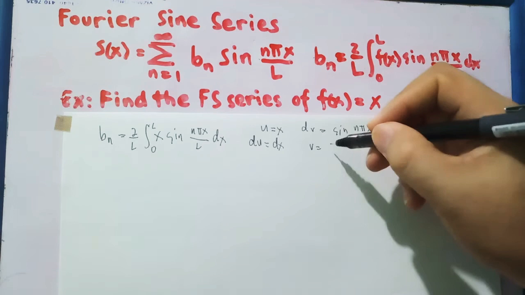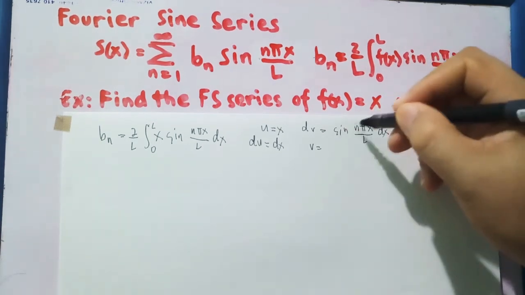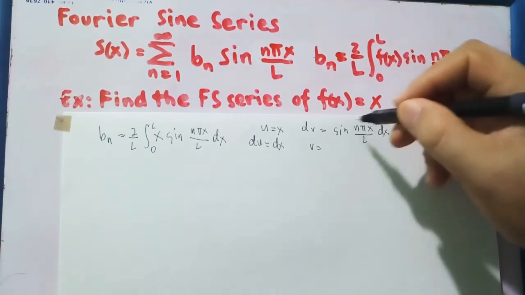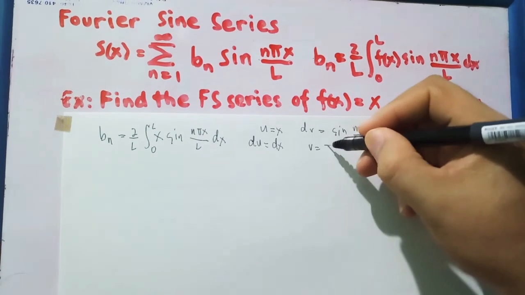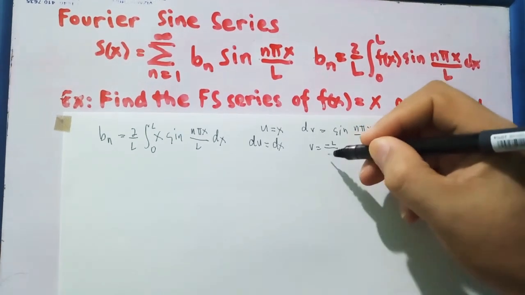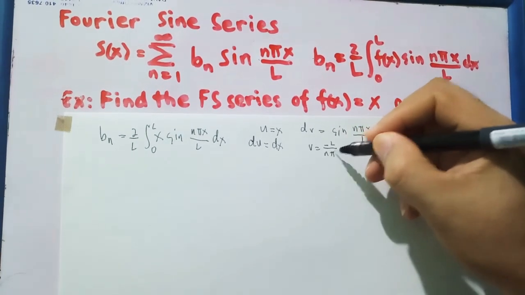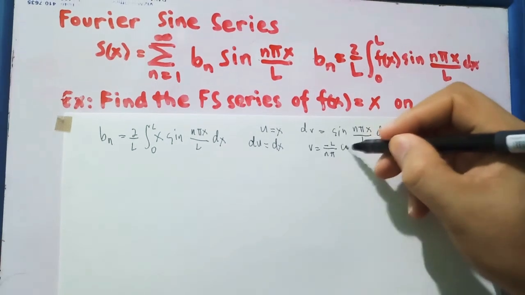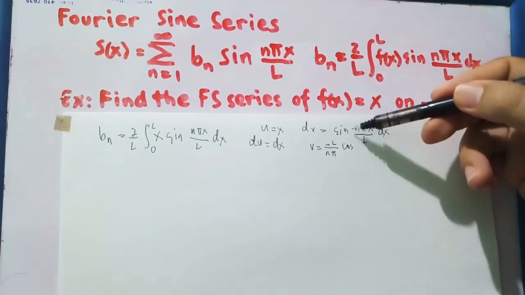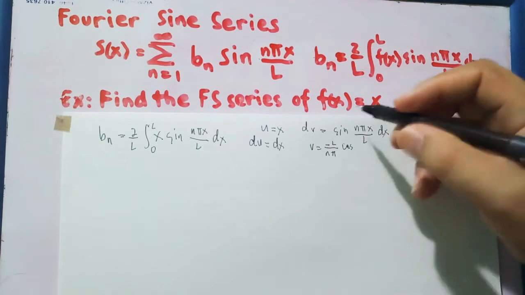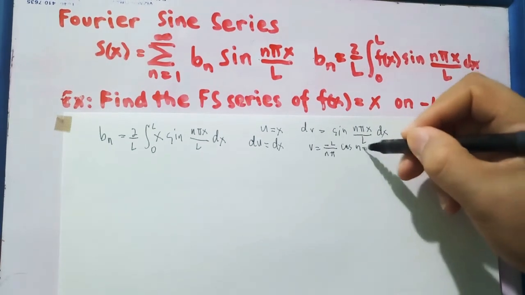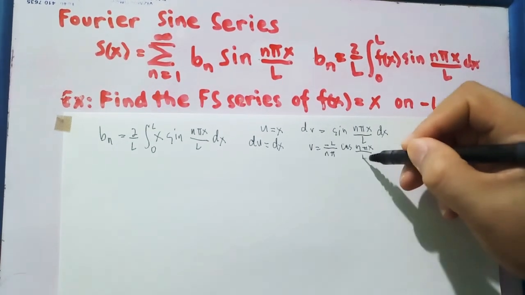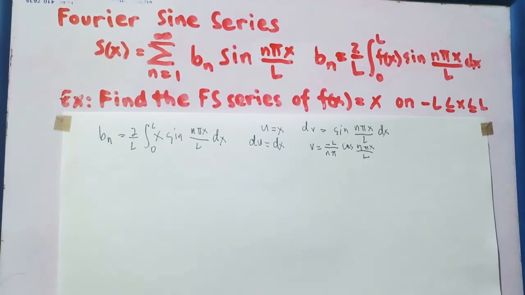So we will have here the inverse of this n pi over L, which is negative L over n pi, and then cosine of n pi x over L.